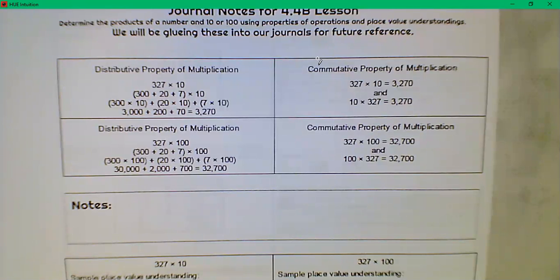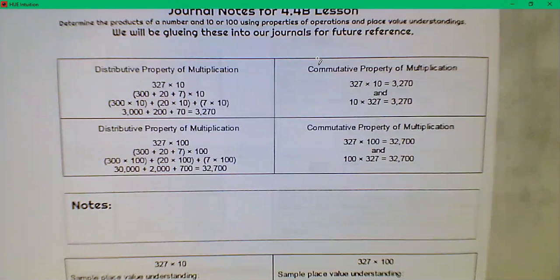If you look at the second set of groupings, they have said, okay, we're going to take 300 times 10, we're going to take 20 times 10, and we're going to take 7 times 10. So now they've decomposed the number even more, but they've multiplied each decomposed number by 10.